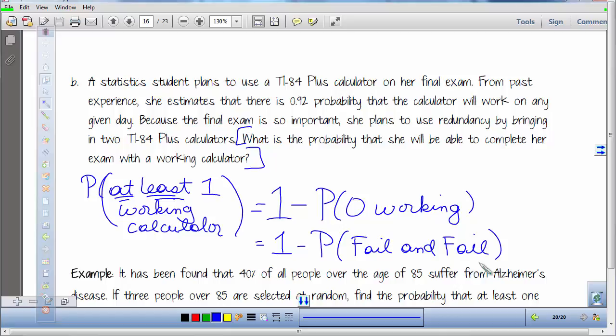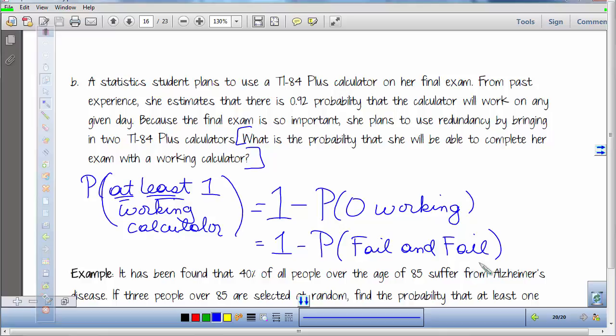And I have to ask myself, are the events dependent or independent? Well, hopefully, if she really is intending to have a kind of backup, then the second calculator working doesn't need to depend on whether or not the first one works.